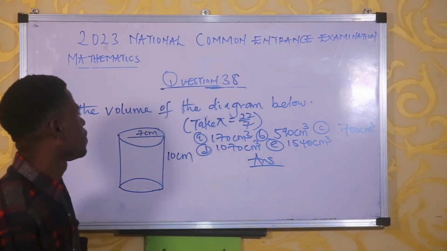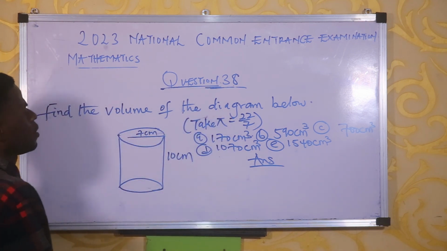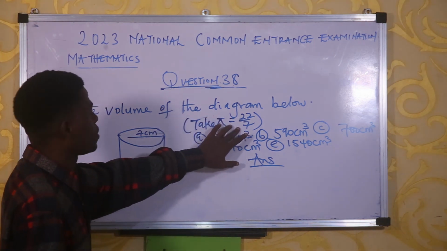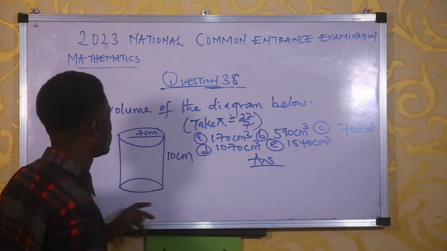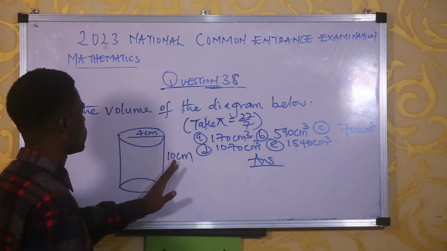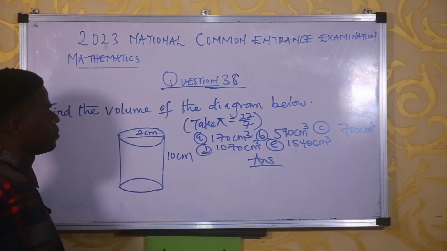Question 13 says find the volume of the diagram below. Take pi as equal to 22/7. In this place, the diagram says that this is the height, which is 10 centimeters, and the radius is 7 centimeters.